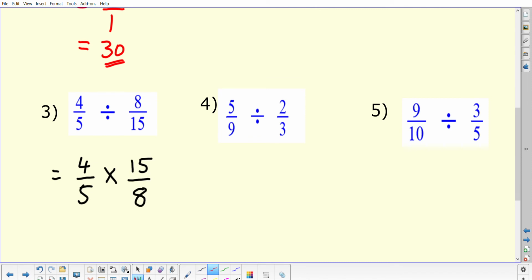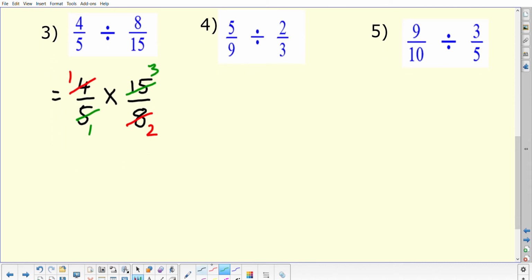So looking for our cancelling here, we can cancel between the 4 and the 8, so 4 into 4 is 1, 4 into 8 is 2. Then you can also cancel this time between the 5 and the 15, so 5 into 5 is 1, 5 into 15 is 3. And if you then multiply those numbers together on the top there, you've got 1 times 3 would be 3, 1 times 2 on the bottom, which is 2.